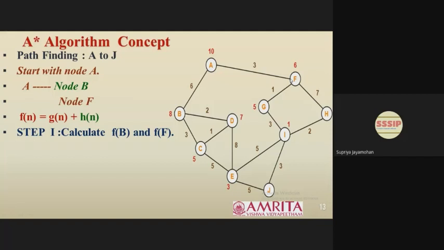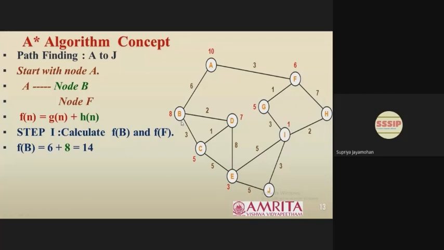So how are we going to choose this value? We have this as f of n. So this first value is going to be f of B. So g of n is 6, and h of n is going to be 8. So you will see that this is going to be 6 plus 8, which is going to be 14.